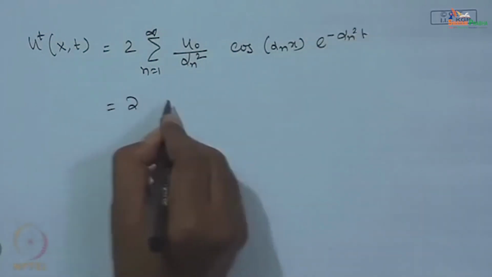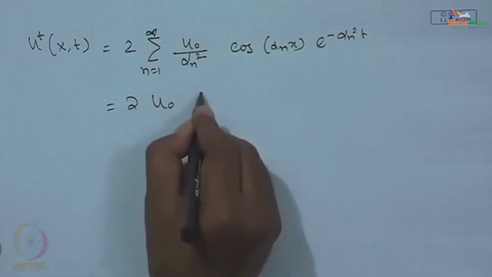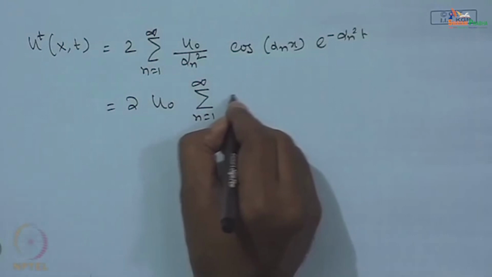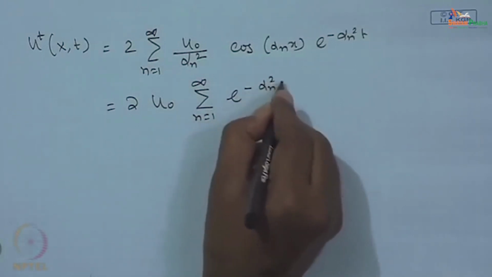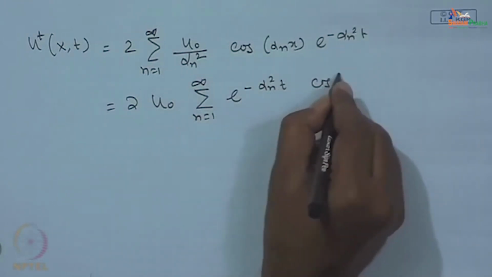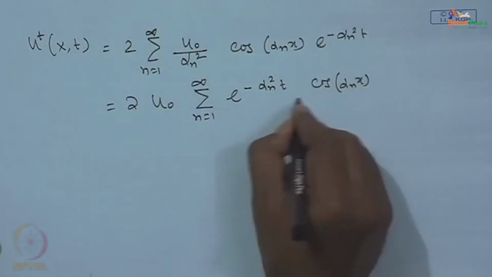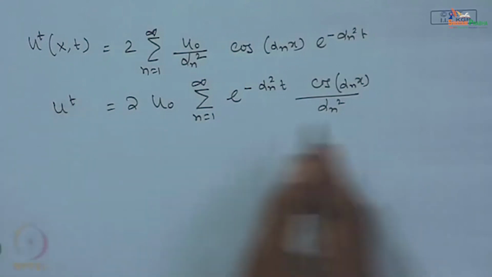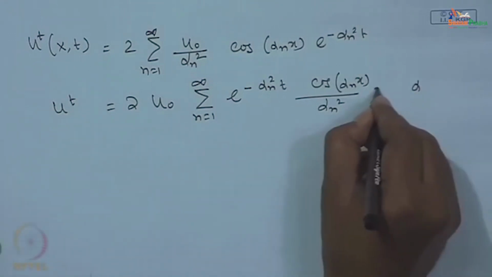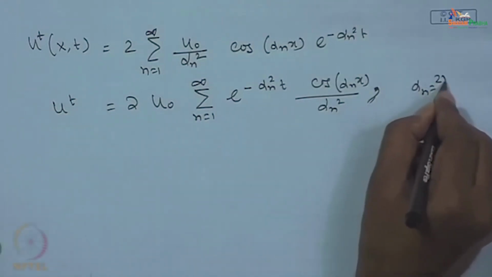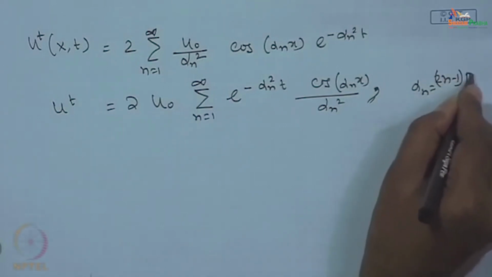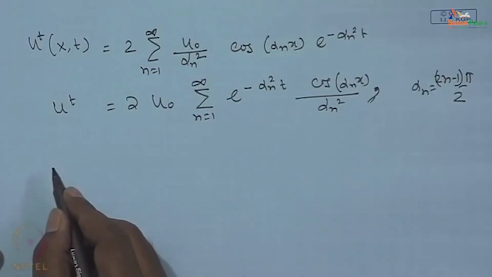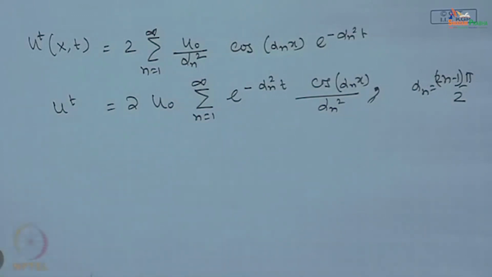So, this becomes 2 u0 summation of n is equal to 1 to infinity e to the power minus alpha n square t cosine alpha n x divided by alpha n square, where alpha n are 2n minus 1 pi by 2. So, we get the complete solution of u.